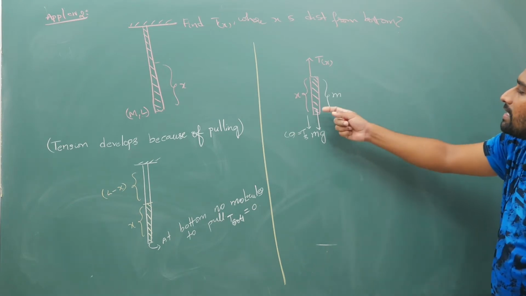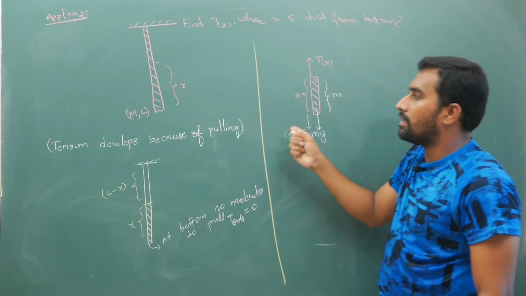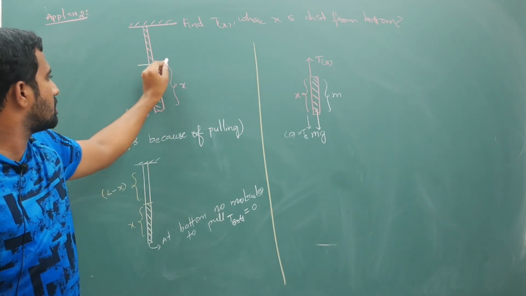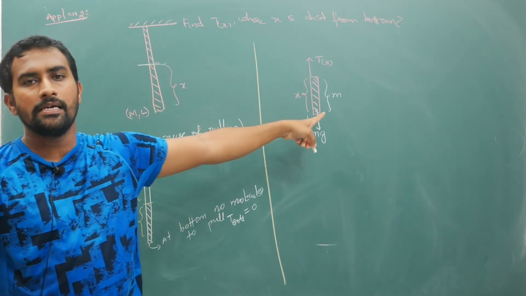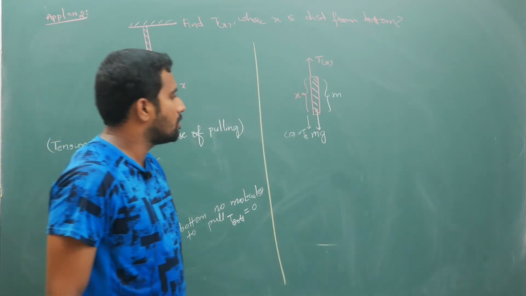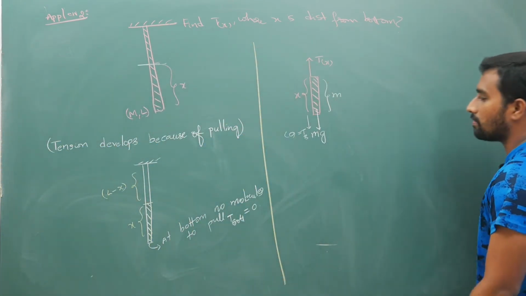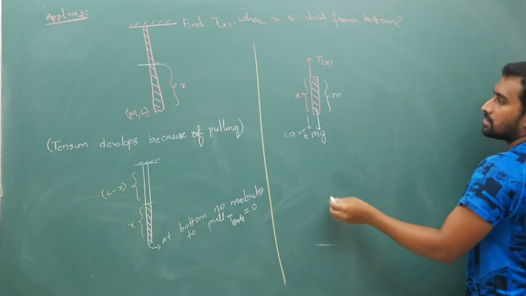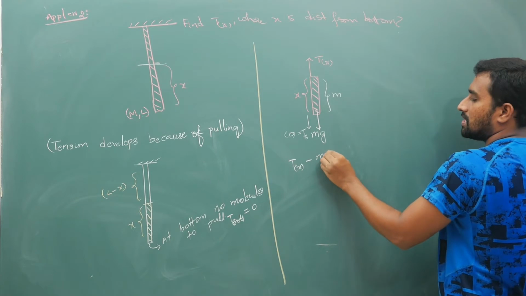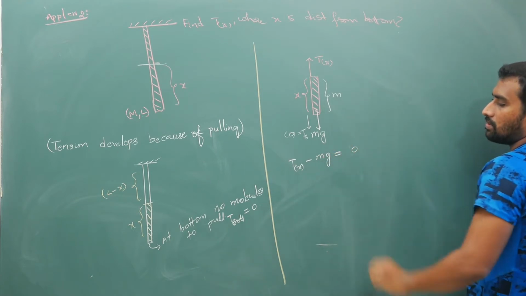Now if you consider equilibrium of this bottom part, T of x minus mg is equal to 0.